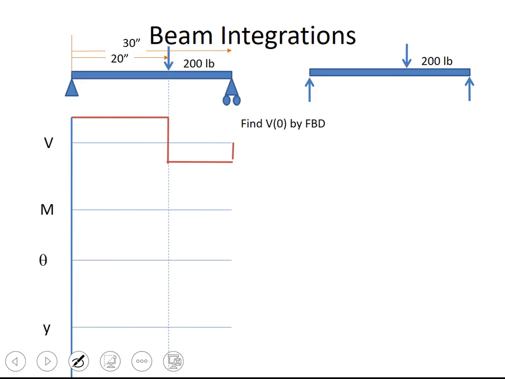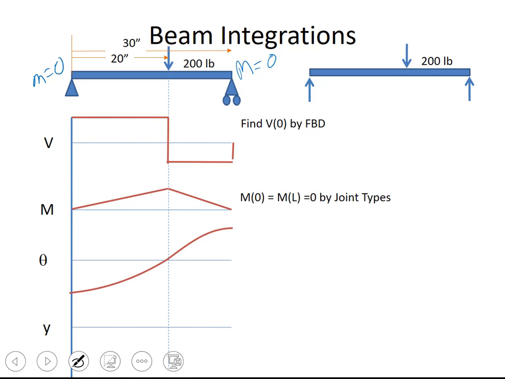So for example, with the simply supported, we know that the moment equals 0 at both ends. And so we get a different shape. But we could still integrate, and we get deflection values as we go. And those techniques we talked about allow you to do that. We'll get into more of that in chapter 4.